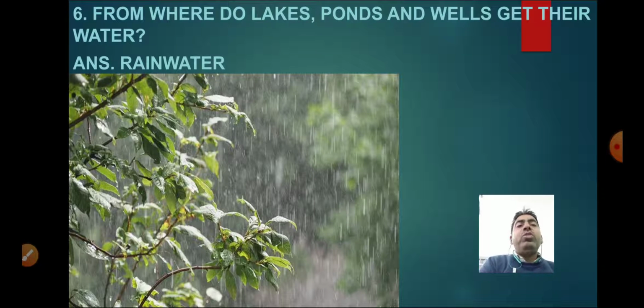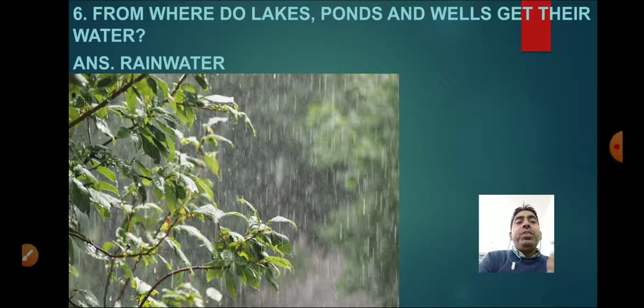Now we are proceeding to the next question: from where do lakes, ponds and wells get their water? The primary source of water is rainwater. All the plants, trees, herbs and shrubs which grow by themselves or which we cultivate need water, and that water comes from rainwater. The water found in the ground, called groundwater, also comes from the rainwater.